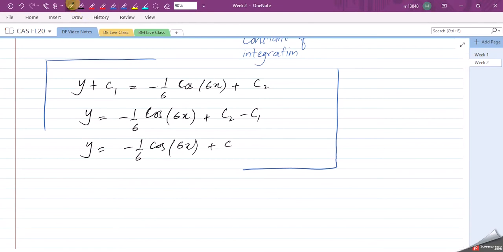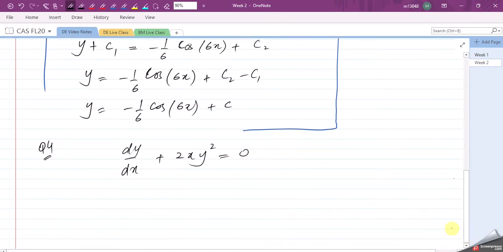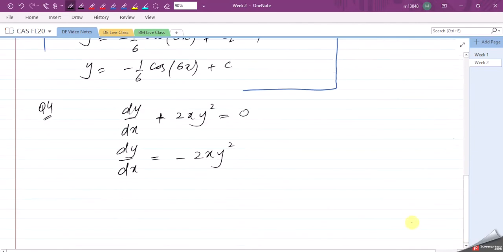Let's take another simple example. Right? To separate the functions, variables, the first step we need is dy by dx equals minus 2x y square. Now the functions are in multiplied form, 2x and y square. Minus is the minus 1, which can be used with any of them.